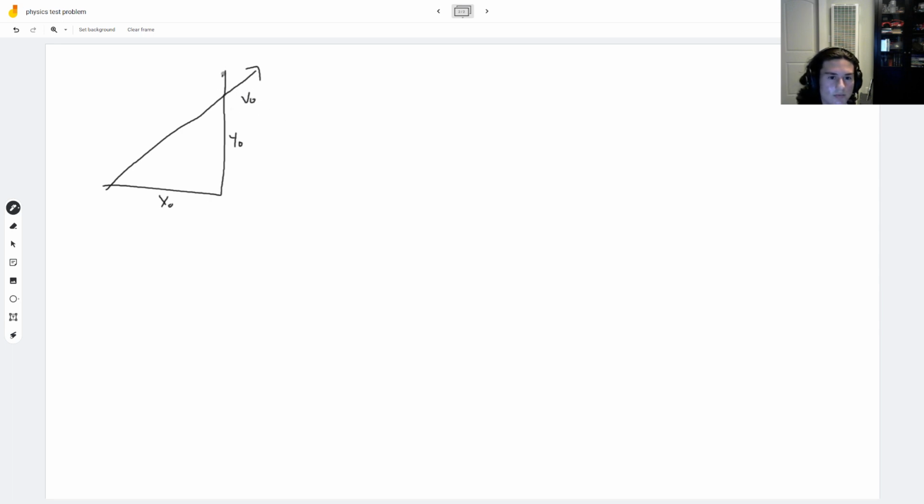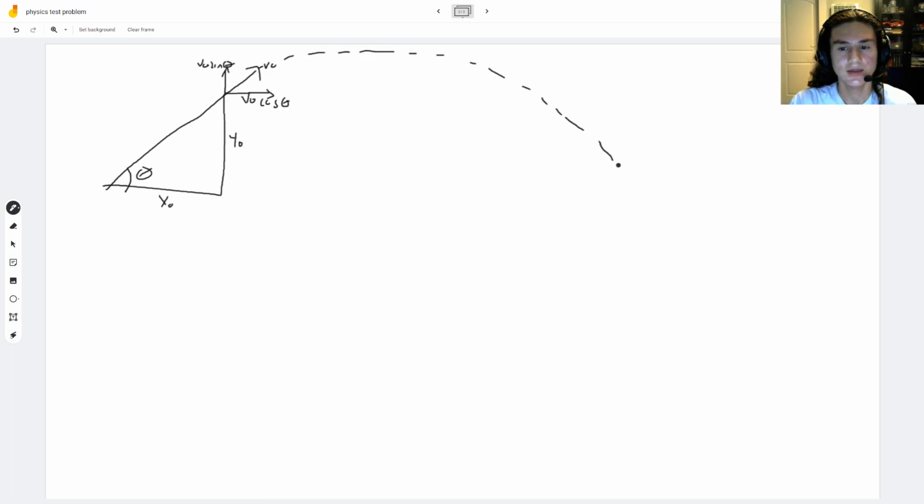So we're going to break up this velocity initial into two things. Also we have the angle. So V0 sine theta is going to be the upward one, and V0 cosine theta is going to be the sideways one. So I'm going to start by solving for the max height it reaches. So this is going to continue going up and then go all the way down.